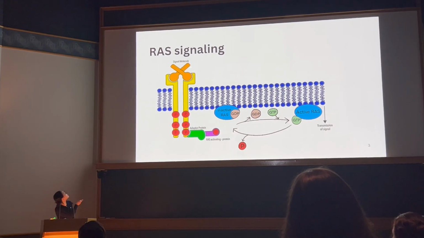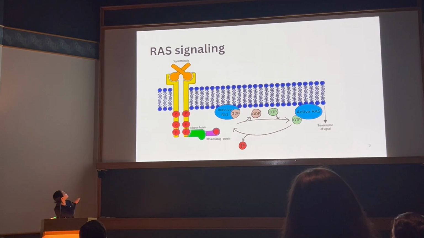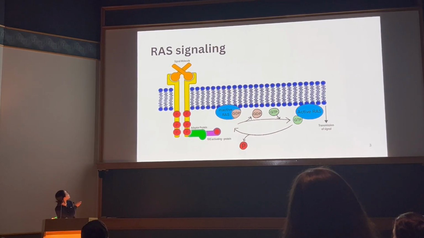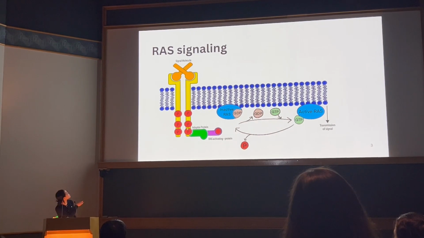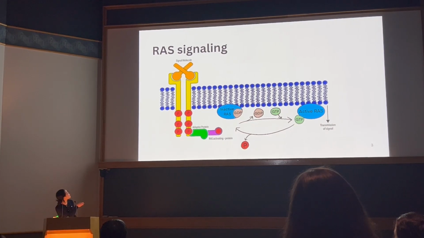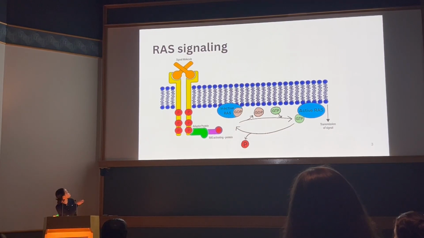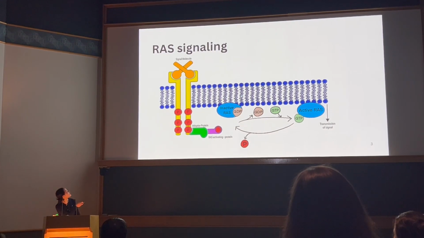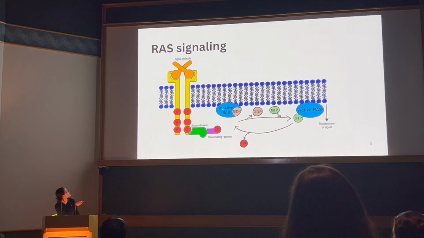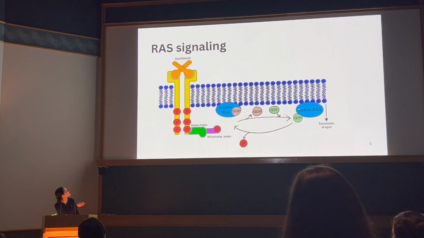When the signal molecule comes to the receptor, it phosphorylates the tyrosines at the tail of the receptor, and then the adaptor protein binds to the tail, and that recruits the RAS activating protein near the membrane because the RAS is also at the membrane. Then the RAS activating protein makes the inactive RAS drop the GDP, and it makes the GTP go on instead, and the active RAS sends growth signals in the cell.